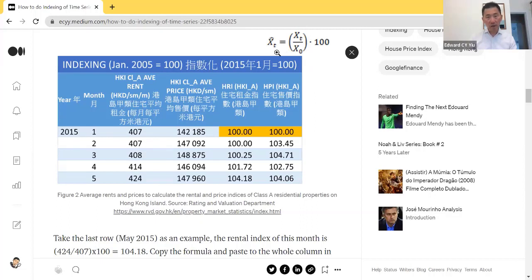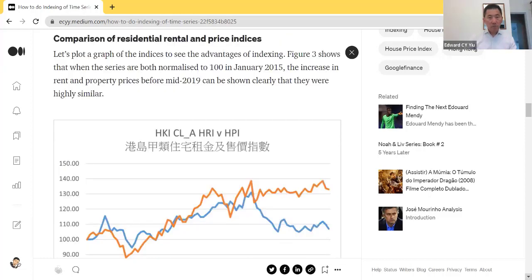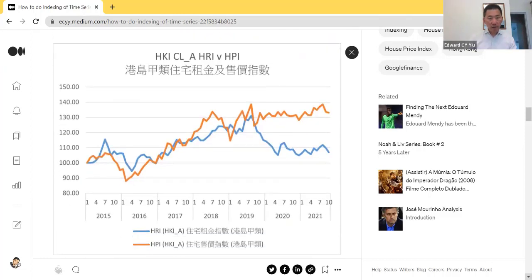Okay, the formula is here: simply calculate the ratio and then times the initial value, and it becomes the index. So by means of this method, you can copy and paste so as to calculate the whole time series of the index. So let me show you why it is much better for comparison.